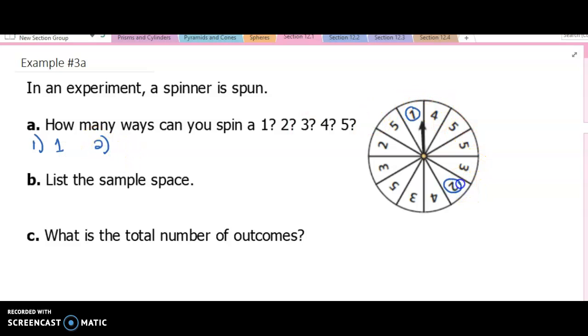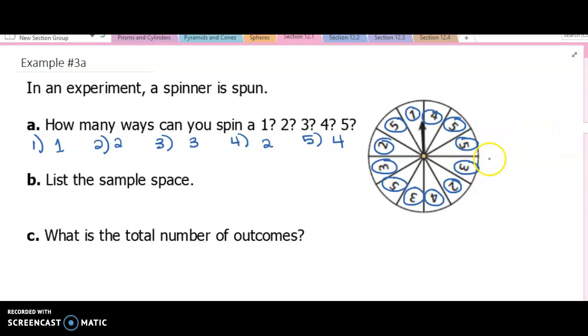Well, there's 2 ways to spin a 2. 3, we have 1, 2, 3 ways to spin a 3. 4, we have 1, 2 ways to spin a 4. And 5, we have 1, 2, 3, 4 different ways we can choose a 5.